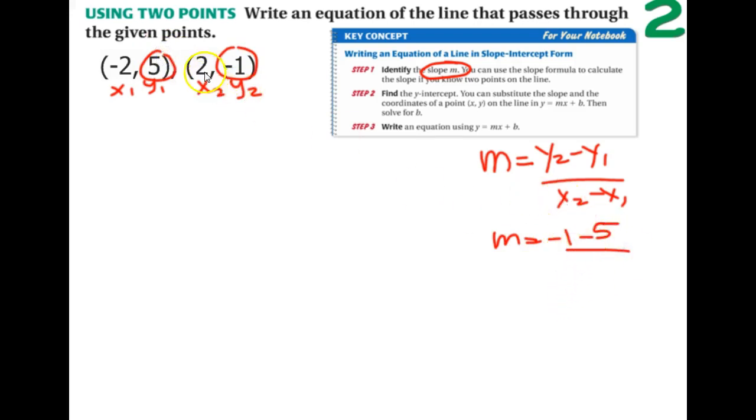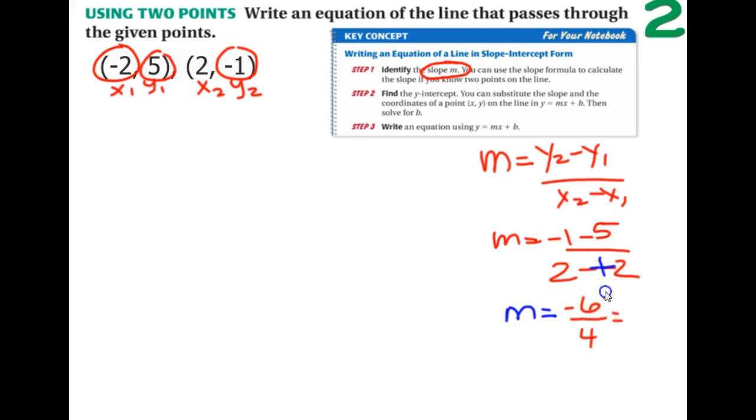And then on the bottom, x2 minus x1, or 2 minus a -2. Those two negatives, again, make it positive. So our slope, -1 minus 5, that's really -6. They're all negatives. 2 plus 2 is 4.